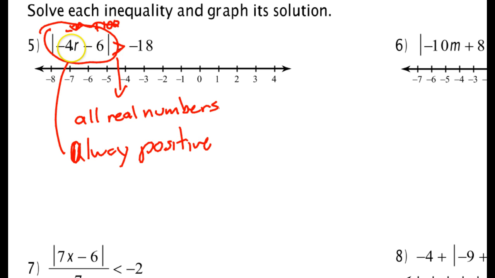No matter what number I plug in here, it's going to come out positive. Therefore, it's always going to be bigger than negative 18, no matter what. So what I was thinking about for a second is, if this was equal to negative 18, that's impossible, because we can't get a negative from an absolute value on the left-hand side. But for it to be bigger than negative 18, yeah, it's always bigger than negative 18.